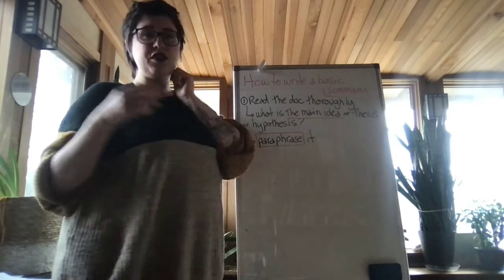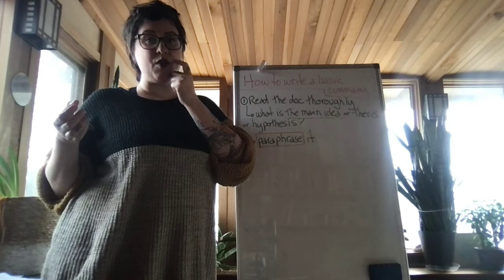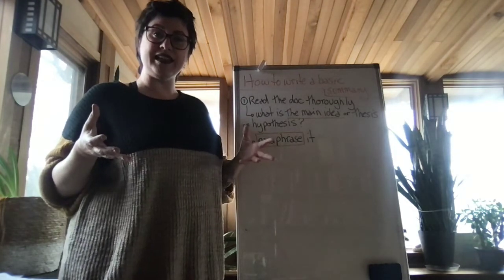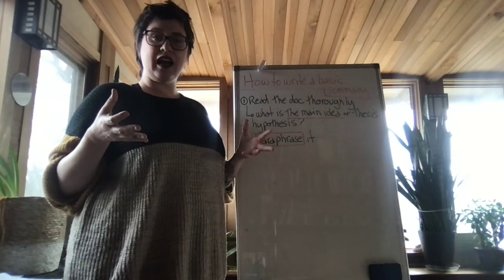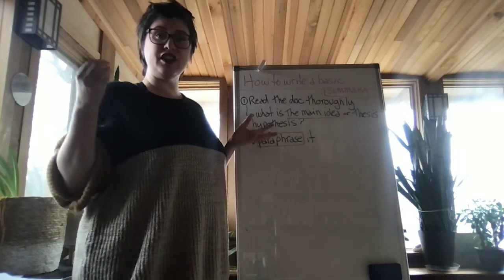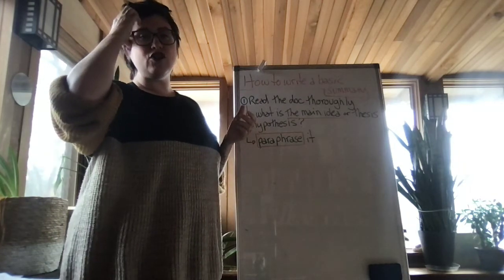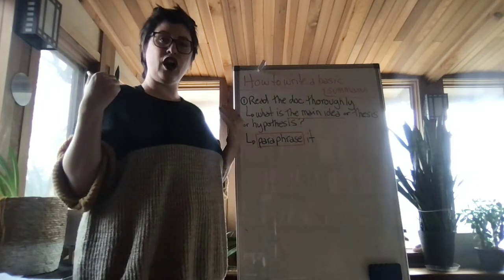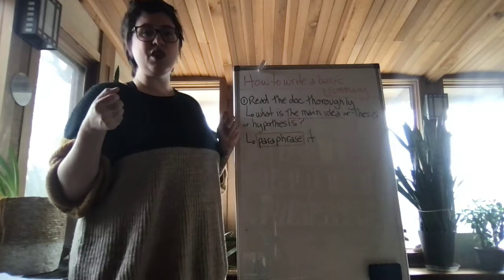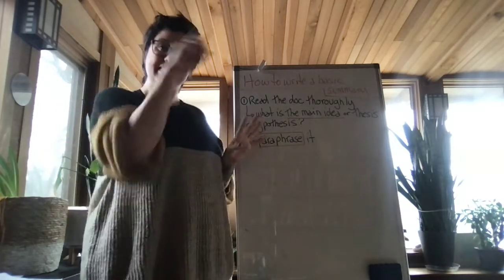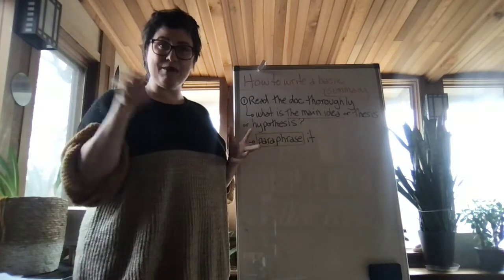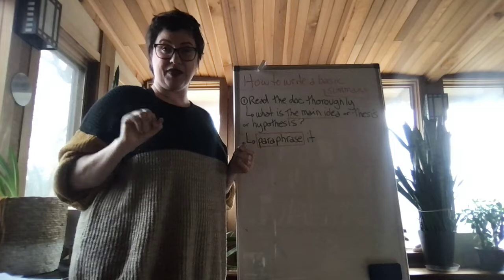Okay. So the first thing you need to do when you want to use a large portion of a document or a full document as support in your essay is, of course, read that full document thoroughly. If you remember back to our reading skills for academia, you're going to be researching, so you're going to be skimming your research, but maybe you find something and you're like, yes, this seems like something I can use.